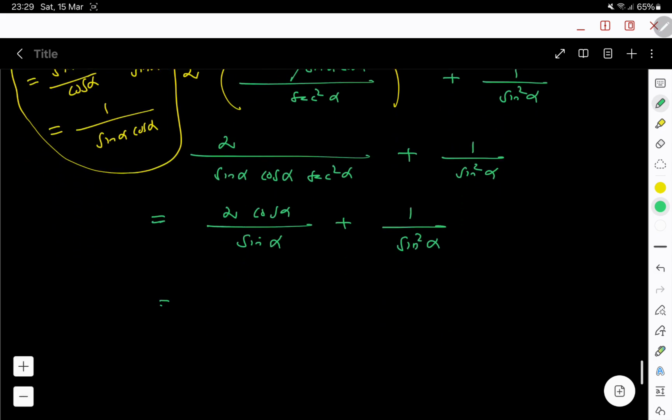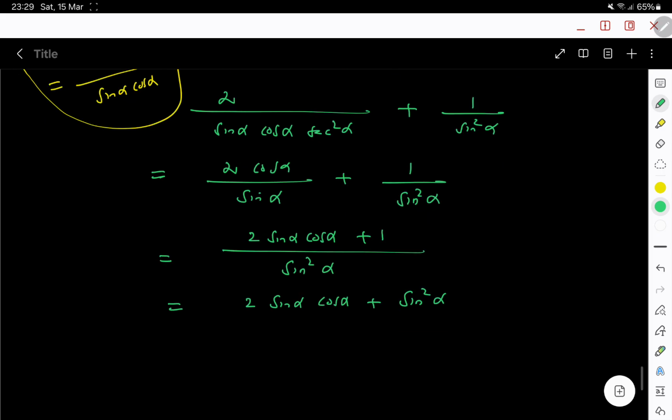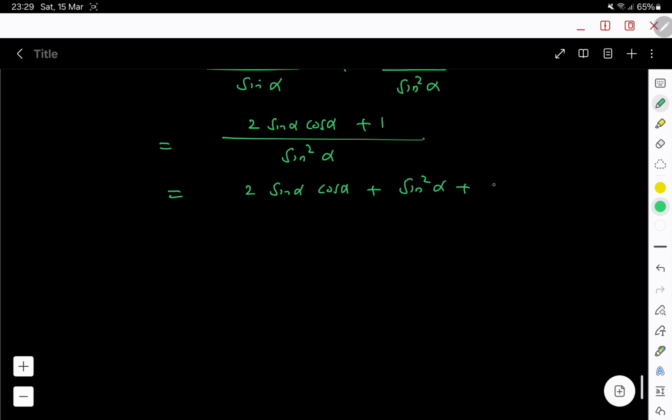Now take LCM. Sin square alpha is the LCM. 2 sin alpha cos alpha plus 1. So write 1 as sin square alpha plus cos square alpha, divided by sin square alpha.